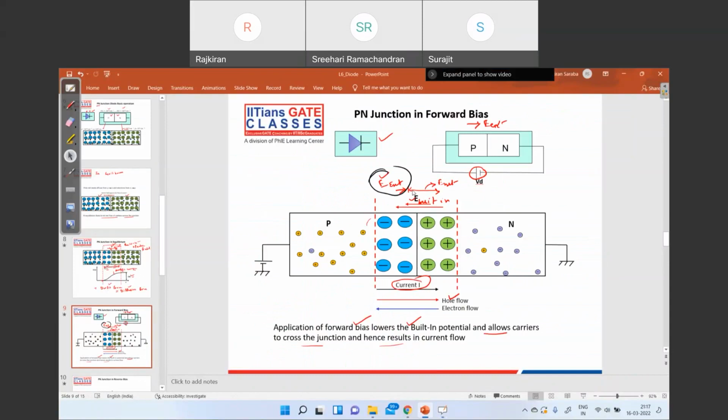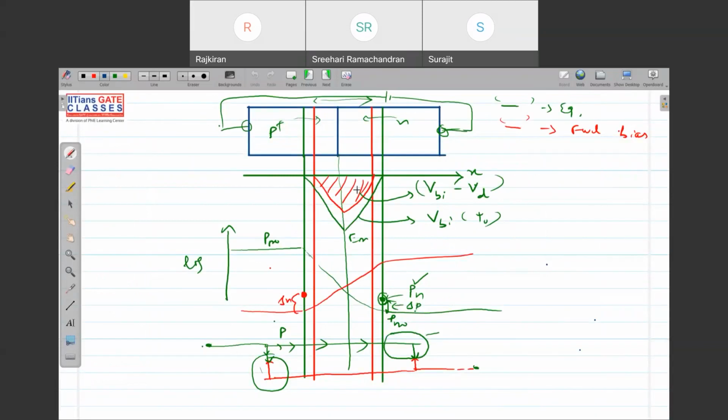The earlier balance has gone, so there will be a movement of holes from p side to n side and electrons from n side to p side. So there will be a current. And in forward bias, the net potential across this junction will be Vbi minus Vd.